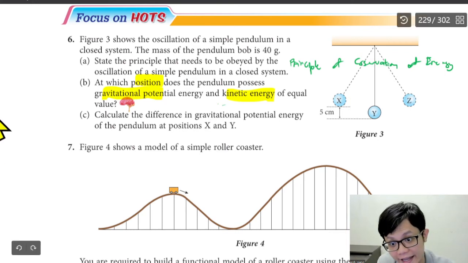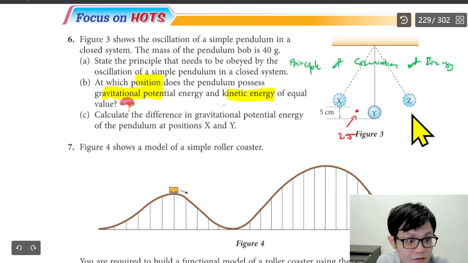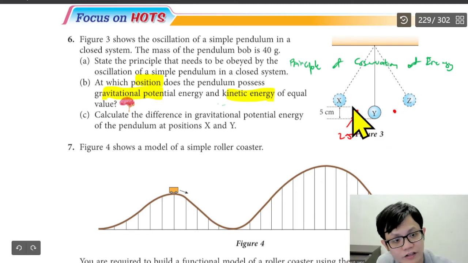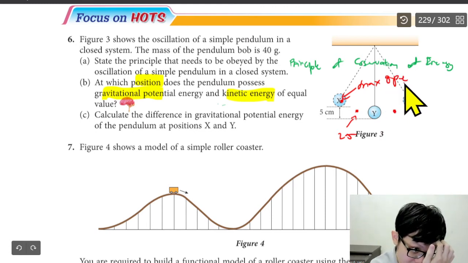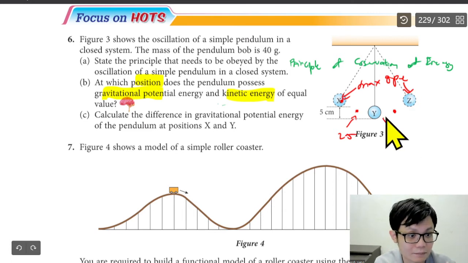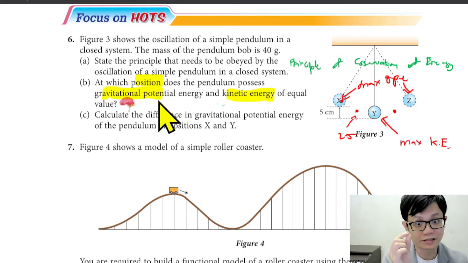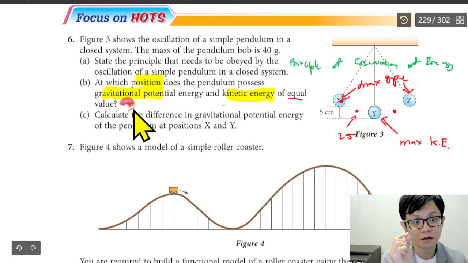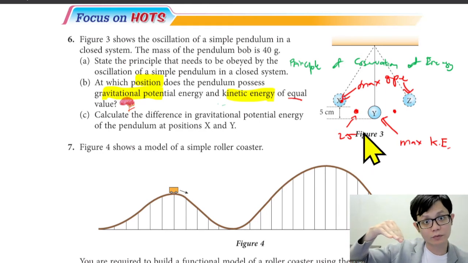It will be equal at here, 2.5 cm, the middle. Because when you go up, here is the max for gravitational potential energy, GPE. Here is the max for kinetic energy, KE. The question asks where both are the same, so it is in the middle, because you have both speed and potential energy.